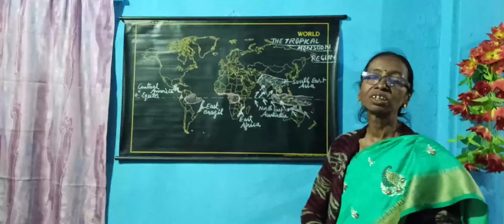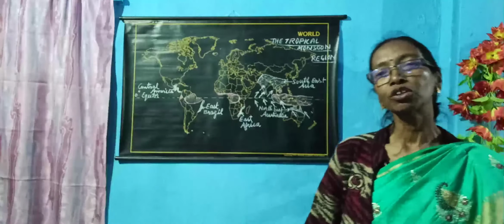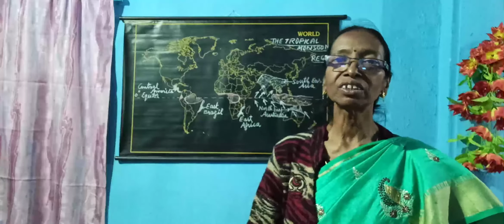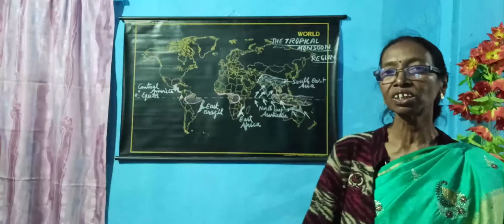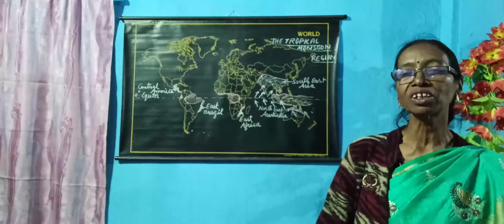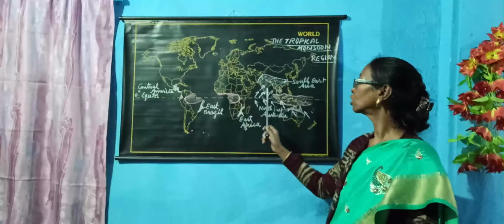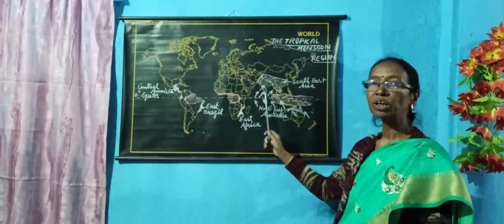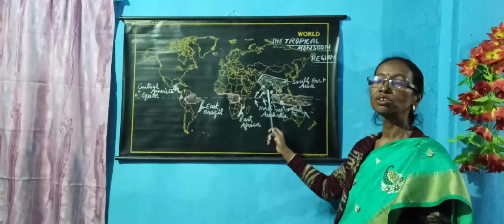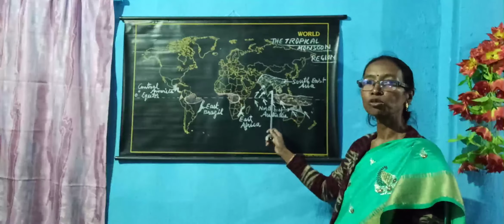So October and November is the retreating monsoon season, the withdrawal of monsoon winds, when there is no rainfall in the central part. Only the coastal parts in the southern part receive rainfall during October and November.